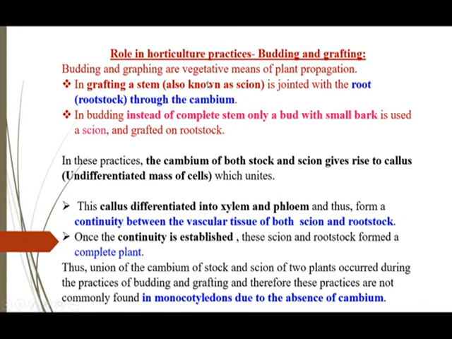Role in horticulture practices. In angiosperms, budding and grafting is possible due to the presence of cambium.